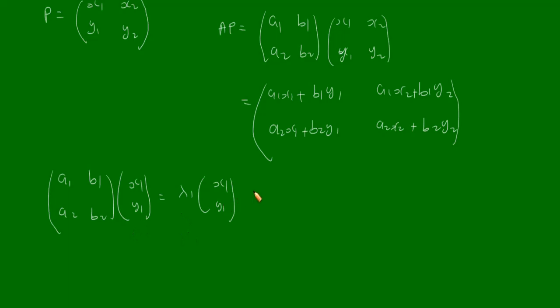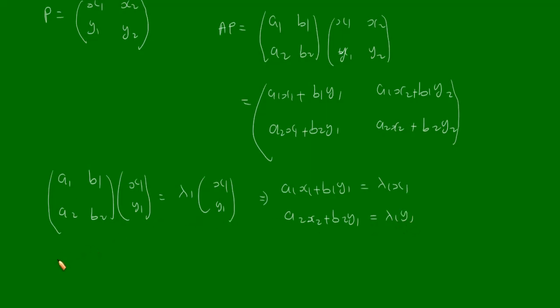If you multiply this and equate, you will get A1 x1 plus B1 y1 is equal to lambda 1 x1. Also A2 x1 plus B2 y1 is equal to lambda 1 y1.